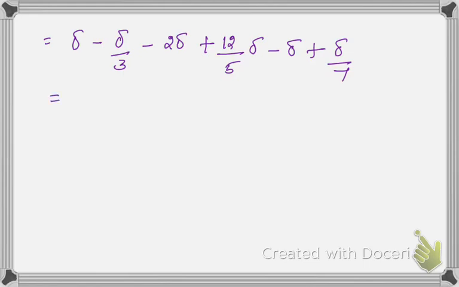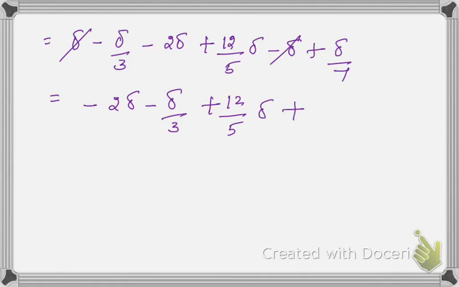So which is equal to, this del and this del will get cancelled. So minus 2 del minus del by 3 plus 12 by 5 into del plus del by 7. So if I take this and find the LCM, it will be 105.